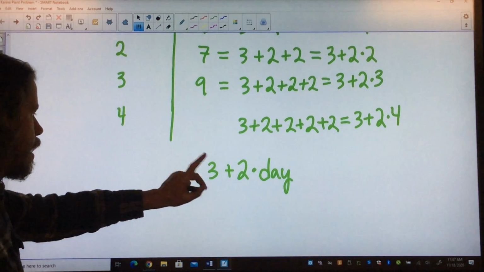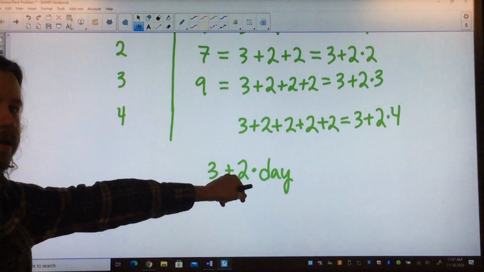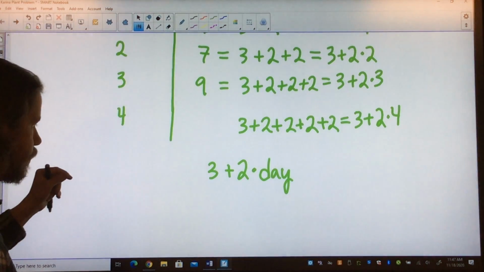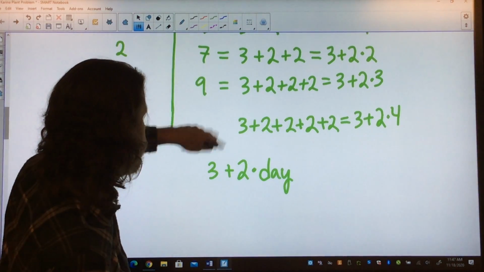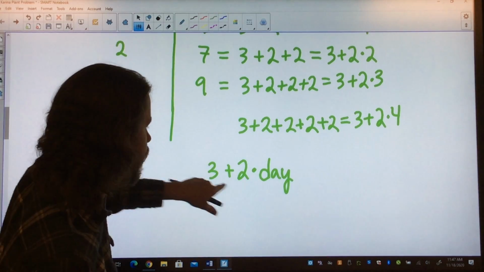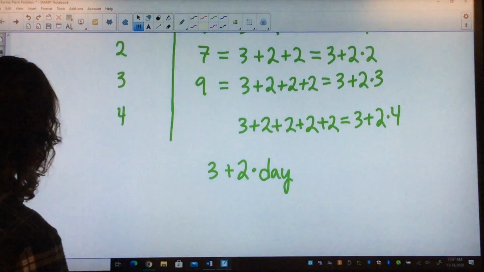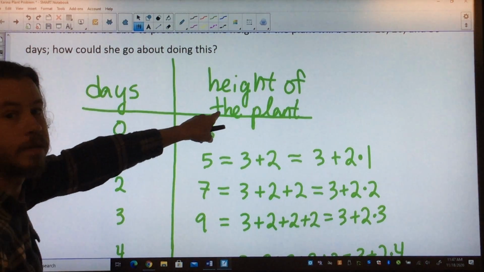I'm going to take it a step further, and from this mathematical expression, I'm going to write what's called a mathematical equation. So what do I mean by that? Well, what was this column even showing us? What is this calculation telling us each time we do it? Well, it's telling us the height of the plant on any day.